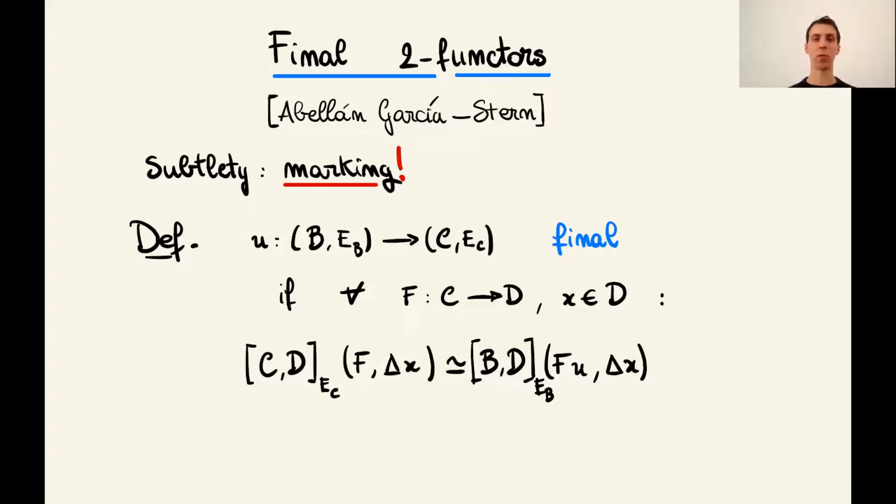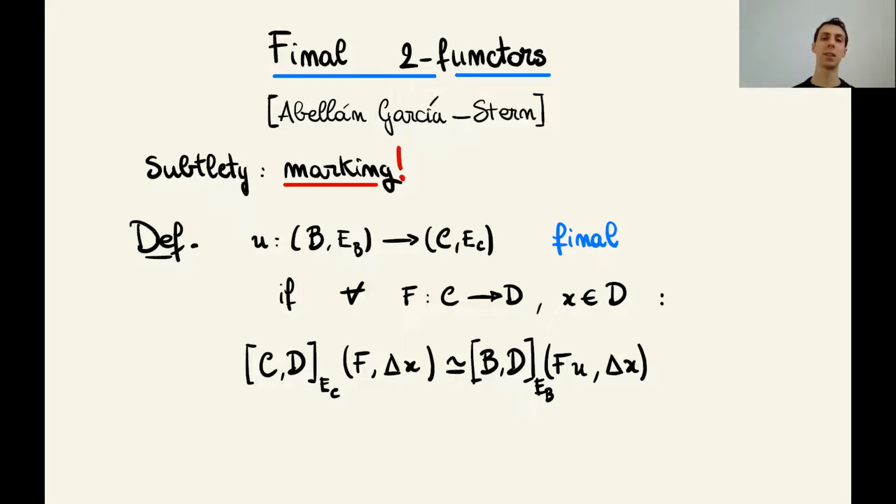If U is a two-functor from B to C, and both B and C are equipped with some marking, here denoted by EB and EC, then this two-functor U is final if for any other functor F from C to D, and for any small object X of this category D, we have this equivalence of categories.